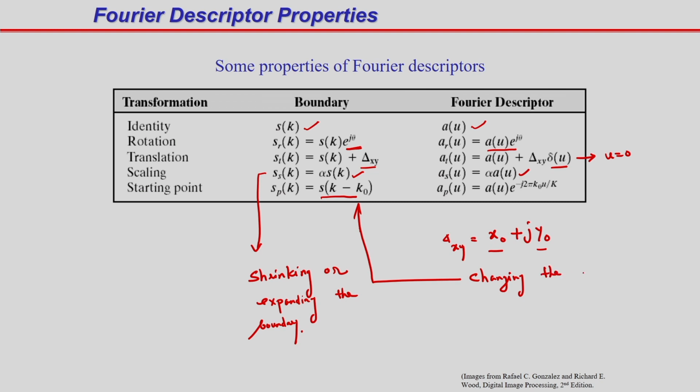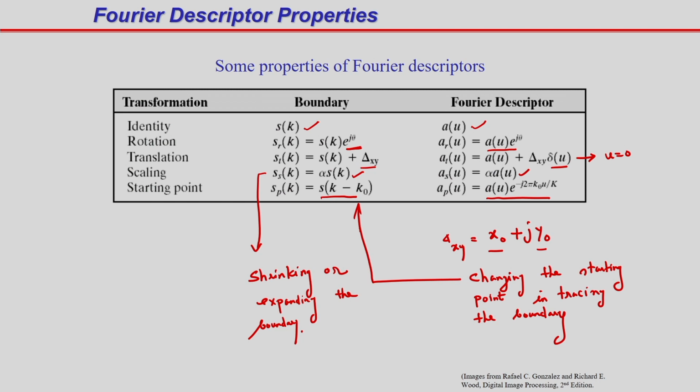It corresponds to the modulation of the Fourier descriptors, because a(u) is multiplied with an exponential function. That is nothing but the modulation of a(u).